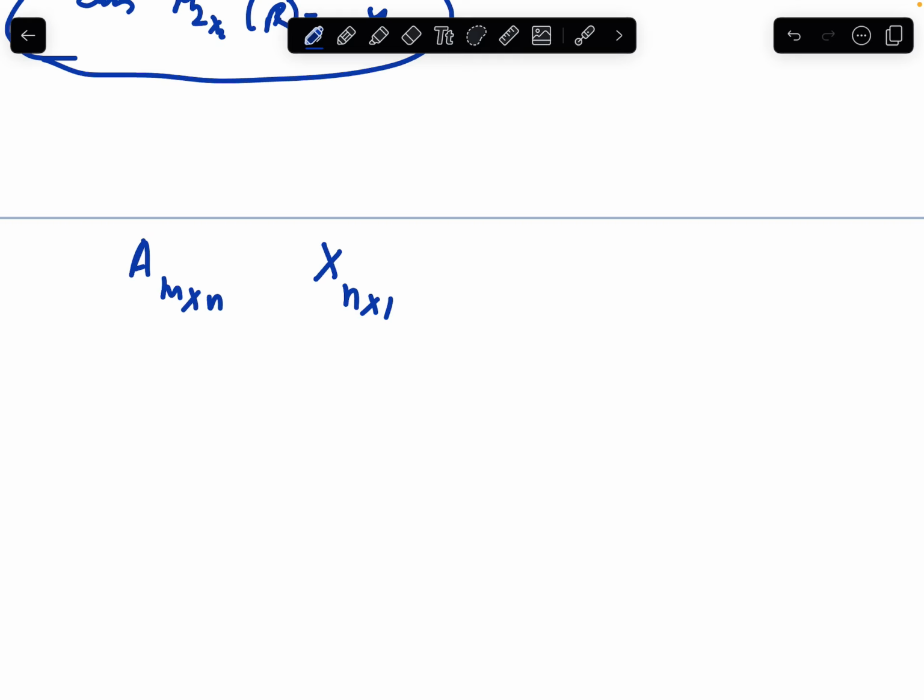That is, it has only one column and N rows. That is, it looks like something like this. Say 1, 2, 3, 4. Right? And how do you multiply these?